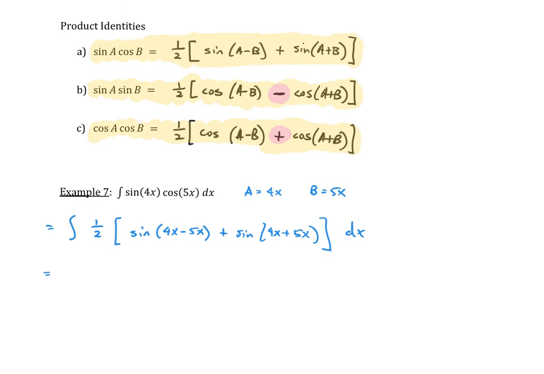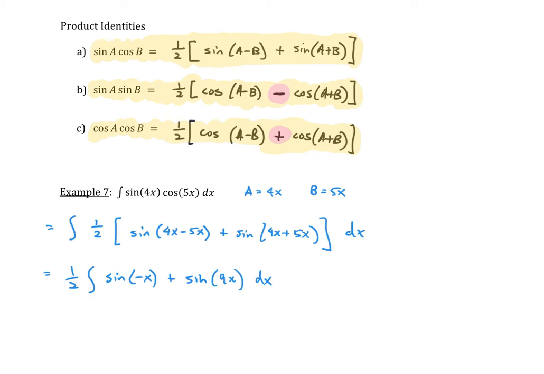Let's first, because I have a constant here times my entire integrand, I can factor that constant out of the integral, so we'll put the 1/2 on the outside. And then let's simplify each of those things inside the square brackets. This will be sine of negative x, and this will be sine of 9x dx.